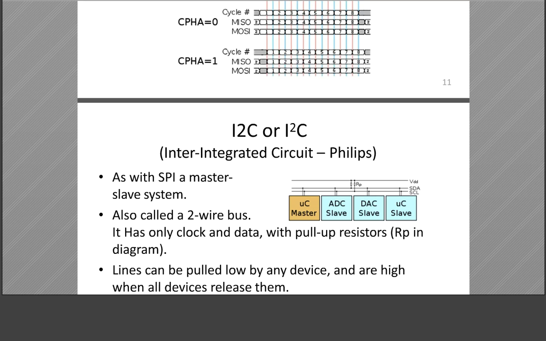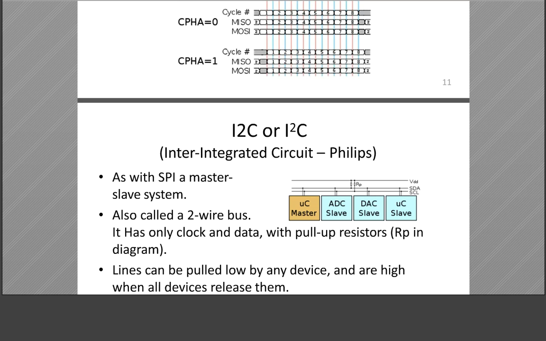TWI is two-wire interface. I2C is inter-IC communication, IIC. TWI is two-wire interface. They are the same, TWI or I2C.